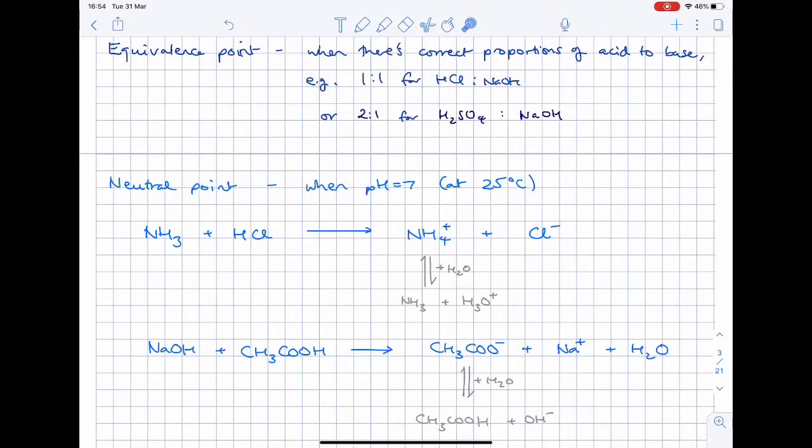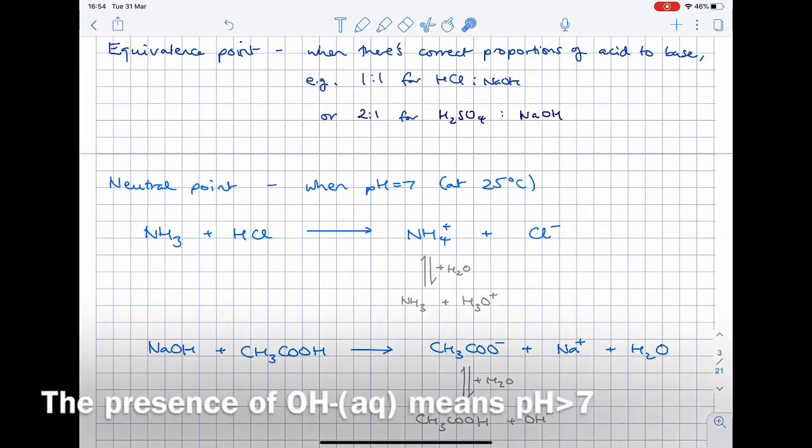So another example is with a strong base and a weak acid like ethanoic acid. When we react these together, we're going to get the sodium ethanoate here. So in this case, the ethanoate ion is acting as a base because it can react with water to form its conjugate acid, the ethanoic acid, and hydroxide ions.